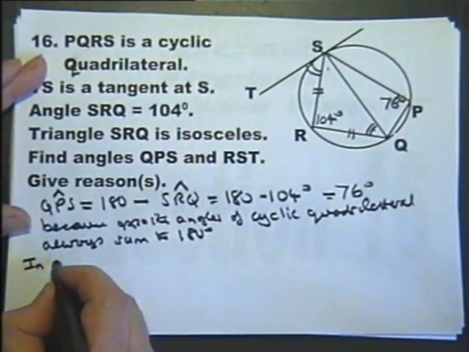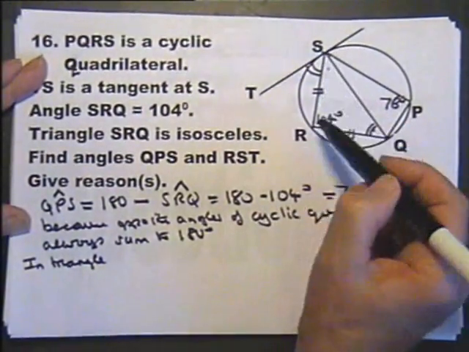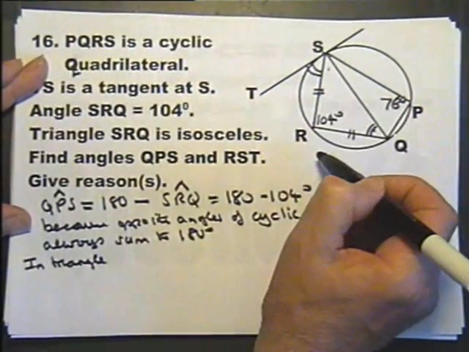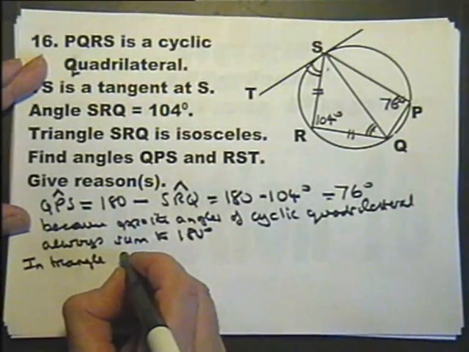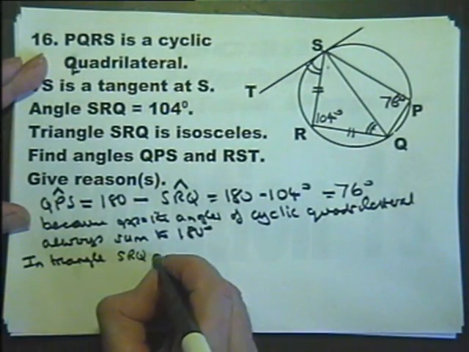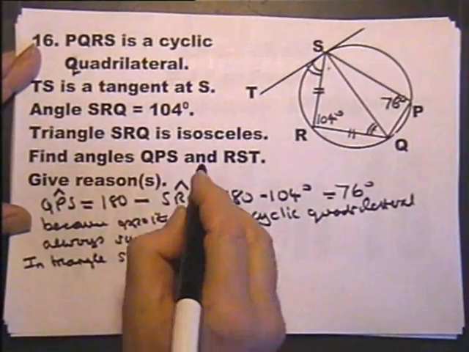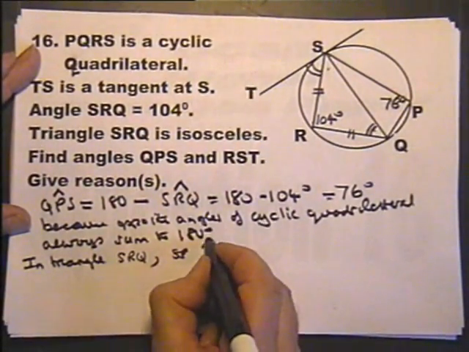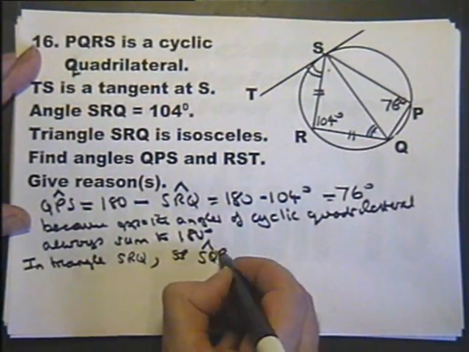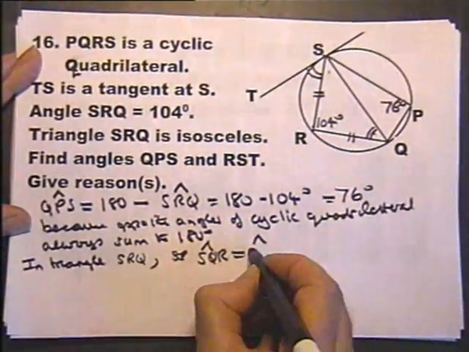In triangle SRQ, you can do those letters in any order, SQR if you like, QSR, SRQ. In triangle SRQ, SR, oh no, it says it's isosceles. I can say angle SQR equals angle RSQ.